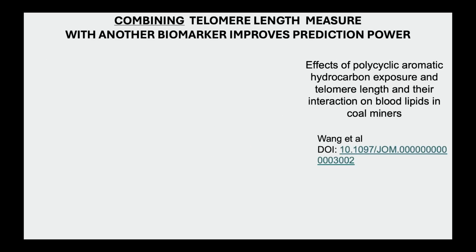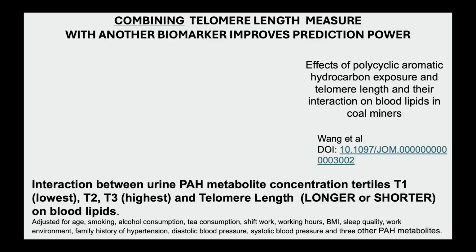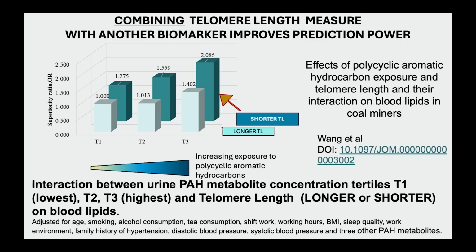Now, what about a different kind of risk? This is looking at dyslipidemia, poor lipid profiles in the blood of coal miners who are exposed to dangerous polycyclic aromatic hydrocarbons. If you look at their risks, you can divide them into tertiles of how much exposure they had and what their risk of having a poor lipid profile is.